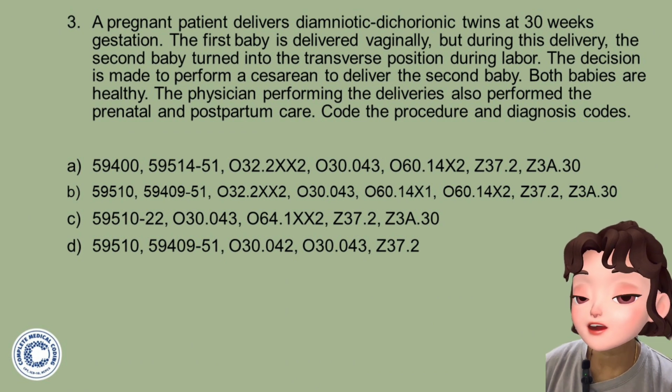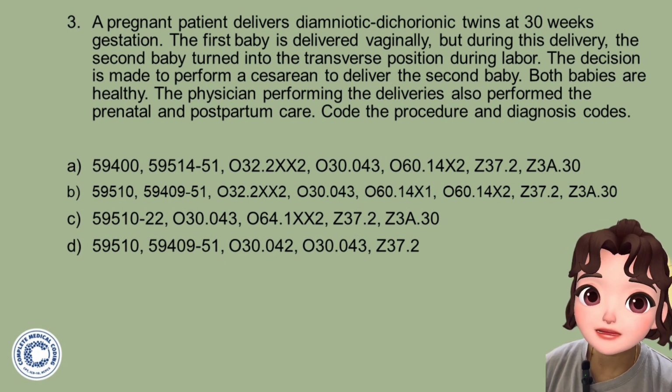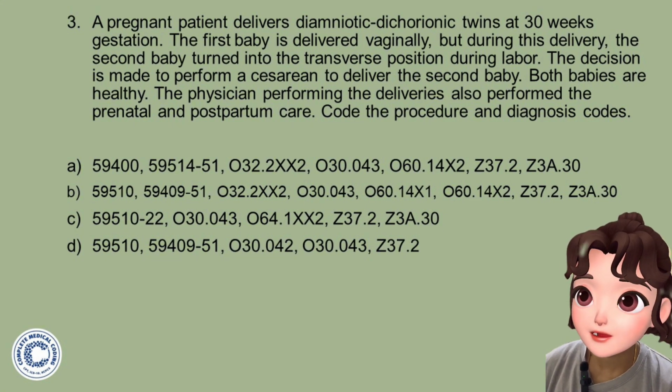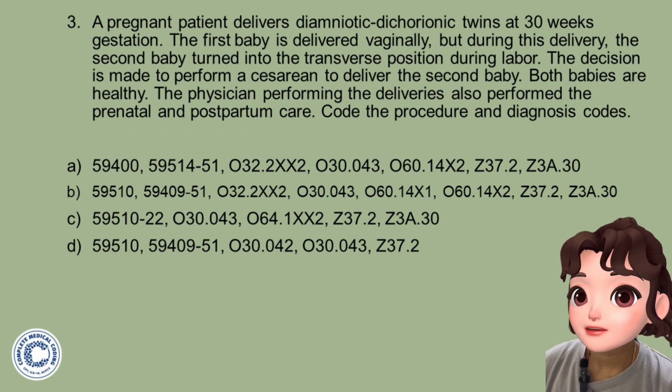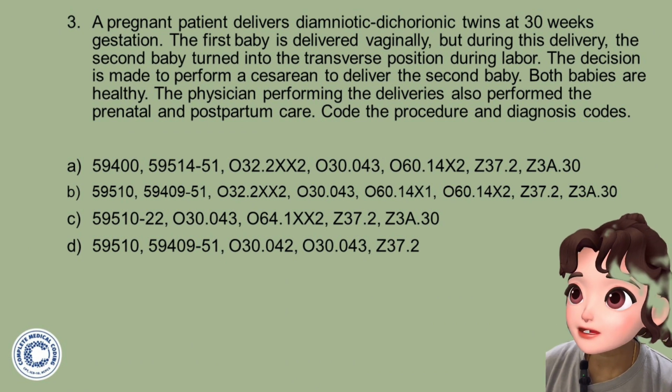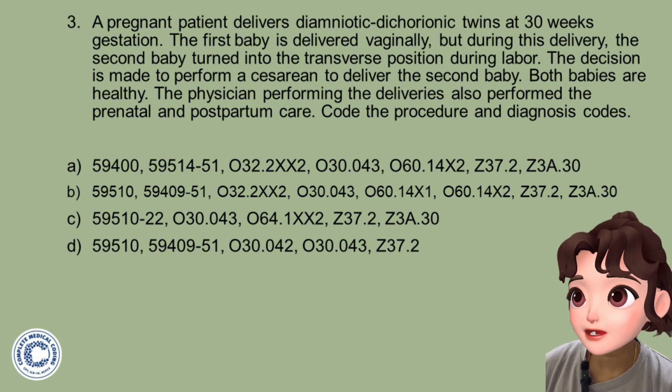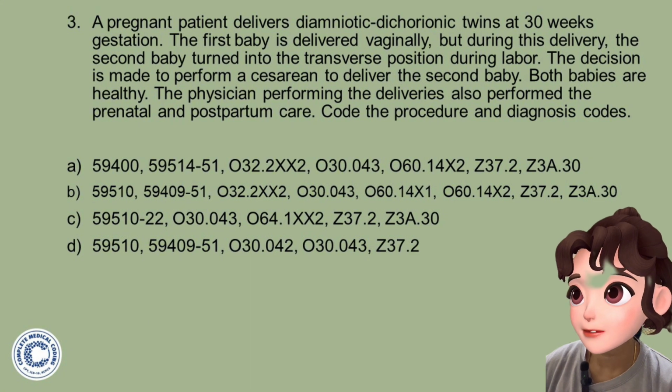You have to always code for the severity first, which is why the cesarean code is mentioned at the beginning. Cesarean delivery is the major procedure compared to vaginal delivery, so you code the cesarean first, 59510, and then 59409, vaginal delivery only.